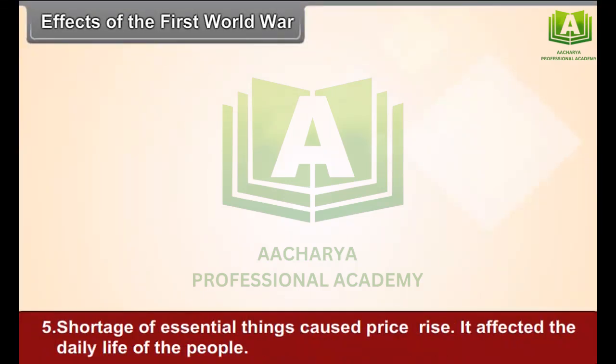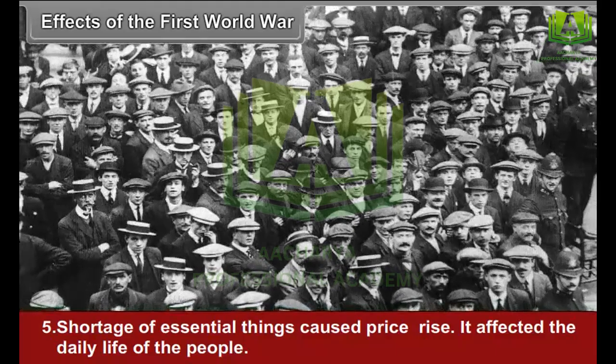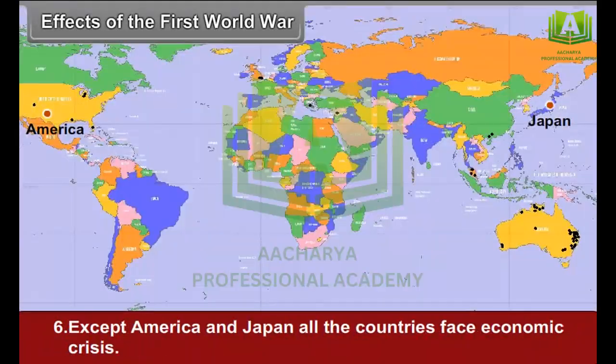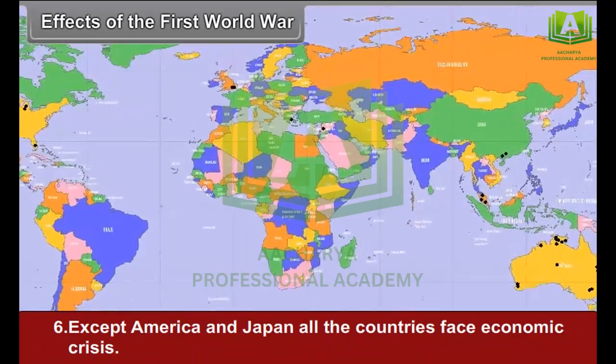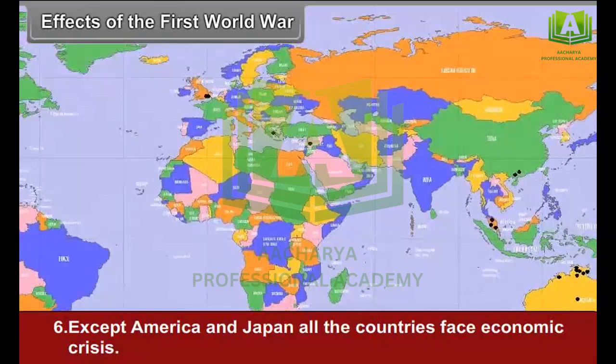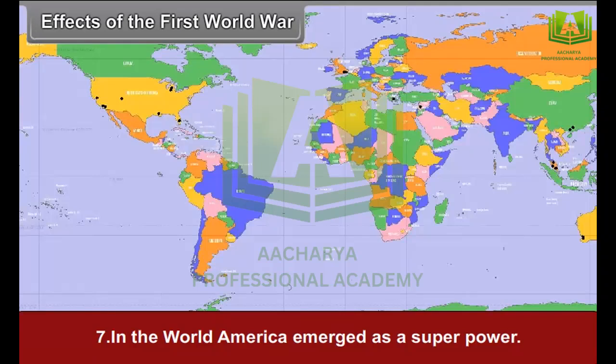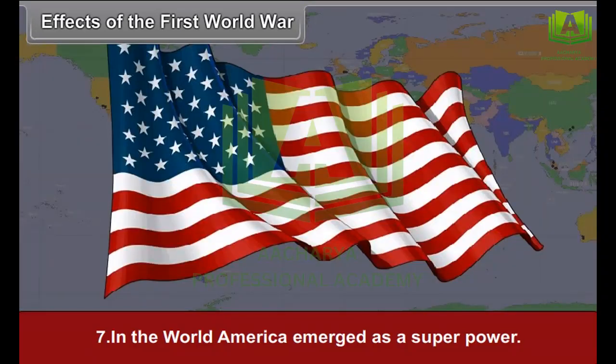Fifth, shortage of essential things caused price rise. It affected the daily life of the people. Sixth, except America and Japan, all the countries faced economic crisis. Seventh, in the World War, America emerged as a superpower.